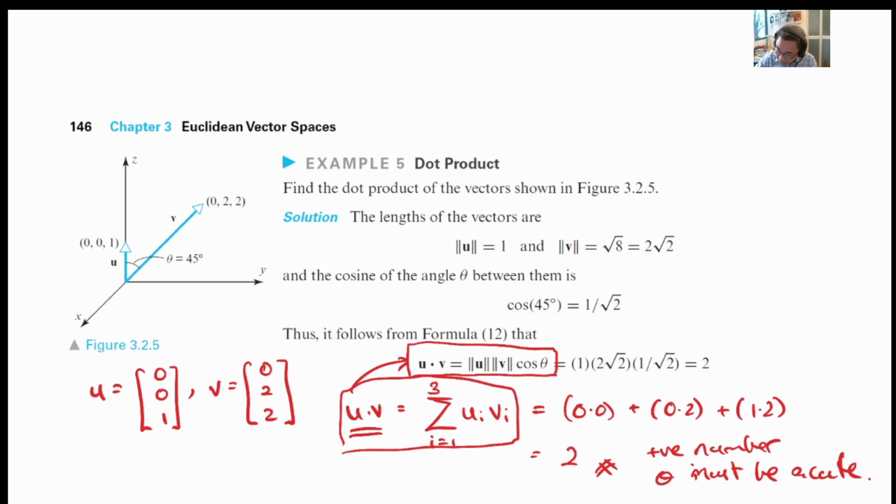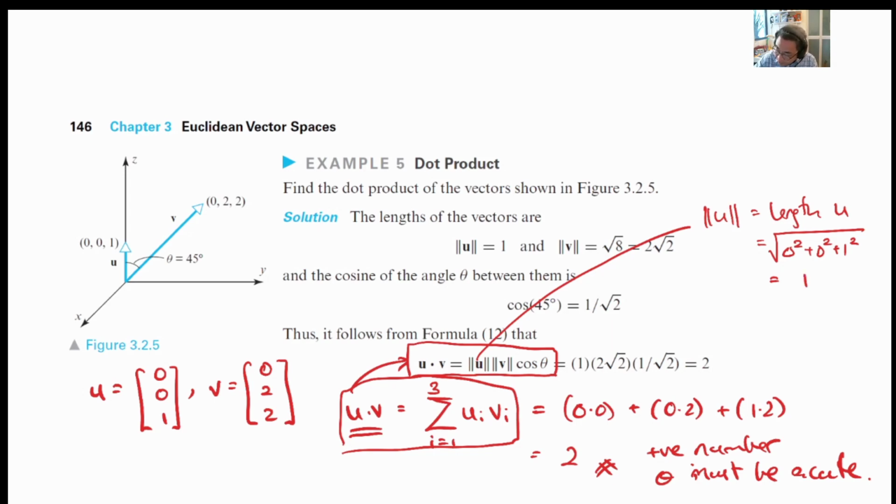Let us find the norm of u. The norm of u is simply the length of u, and we can use the Pythagoras theorem, which is simply the square root of the sum of the component squares, and the length of u is 1.